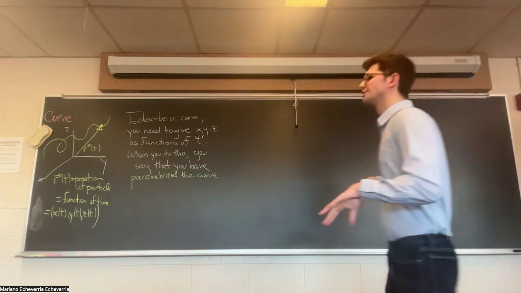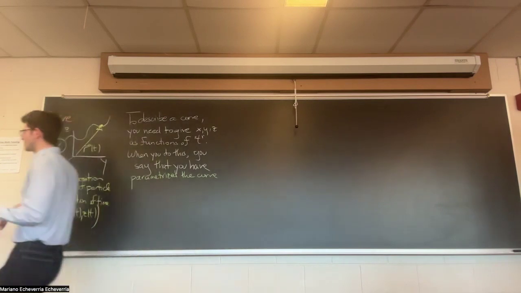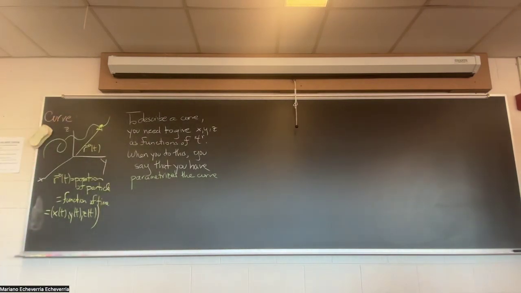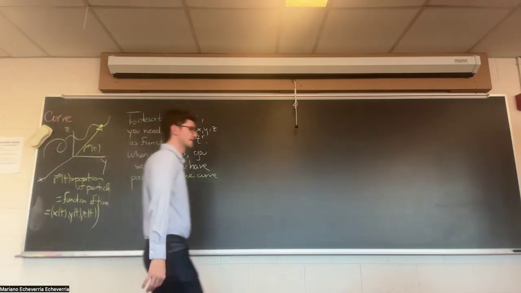So what we'll start talking about in the first half of today is just how to parameterize some basic curves, because from there we can build up and do more interesting examples.